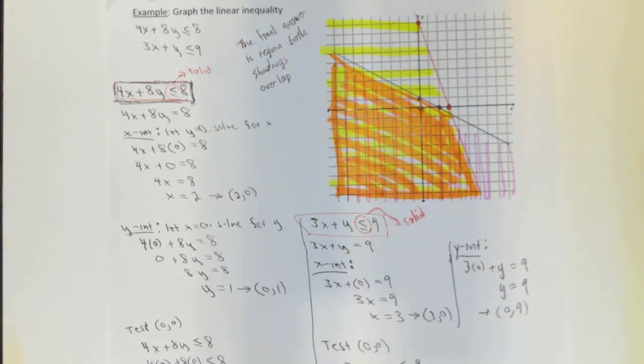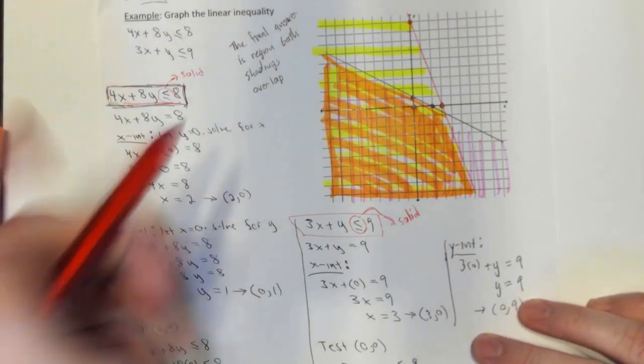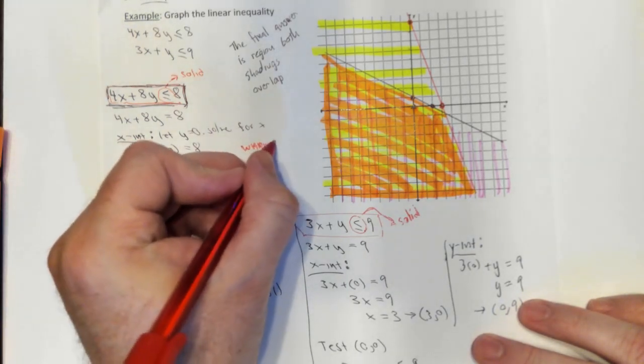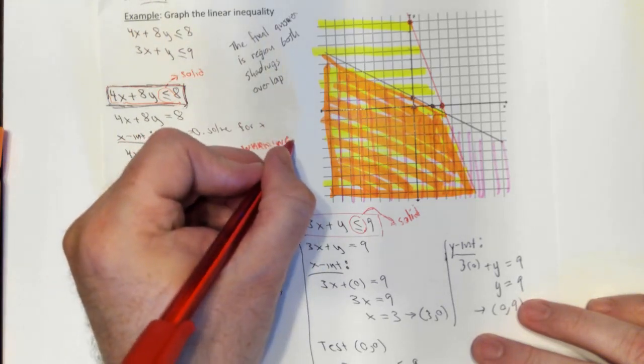And generally with the system of two inequalities, it makes four regions. So we have 1, 2, 3, 4. So that region is where they both intersect, and that's our final answer. So do not shade until the final answer. And I'll write that in red as a warning. Warning. Because students will miss the answer.